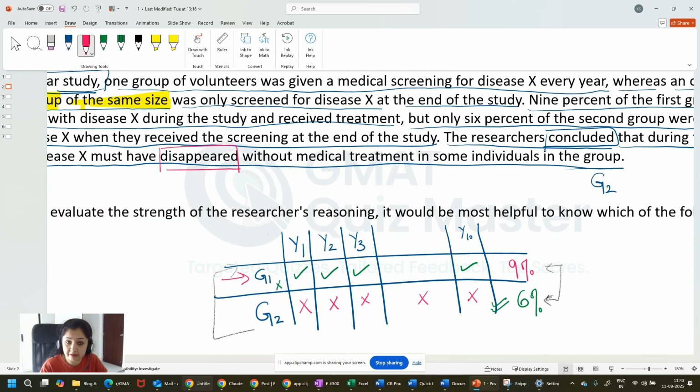What does disappeared mean? Disappeared means that disease X must have appeared and then disappeared, right? So, disease X happened in more people, but in some of them, it disappeared, that too without medical treatment. So the conclusion does not consider any medical treatment. It considers that it disappeared without medical treatment in some individuals.